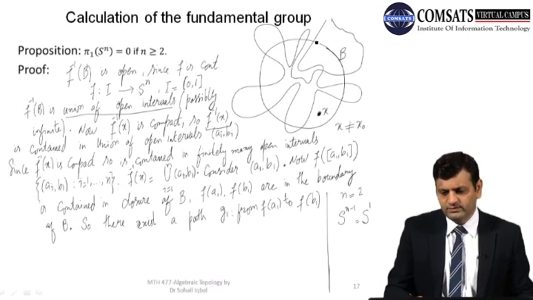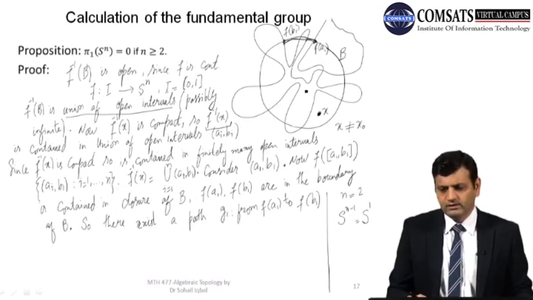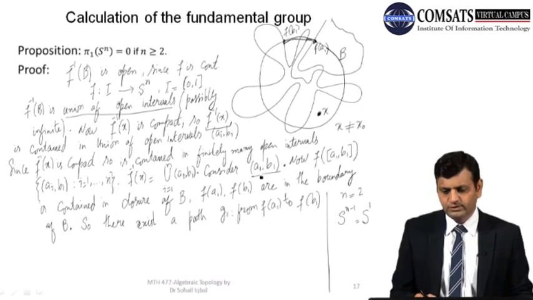So let's say this is a1, f of a1, and let's say this is f of b1. So there is a path between them. Okay, now the point is we have a continuous image f of this open interval a1, b1, and of course this is going to be a portion of this loop f inside this open ball B.